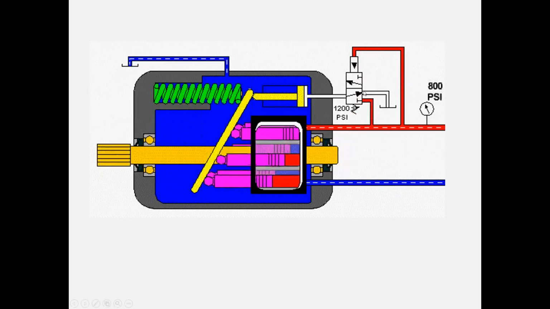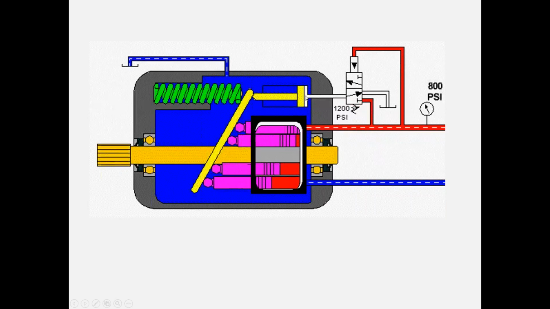All right, now looking at the valve, see we have two squares here. And the squares have an arrow and they have a little T there indicating a block port. As long as the system pressure stays below 1200 psi, the valve is going to be in this position.